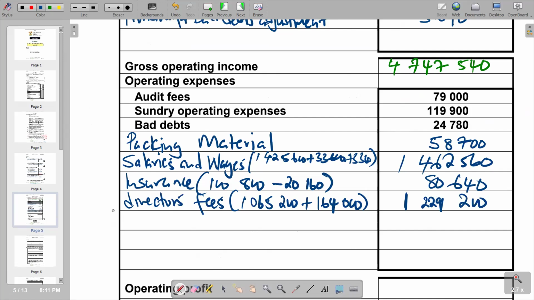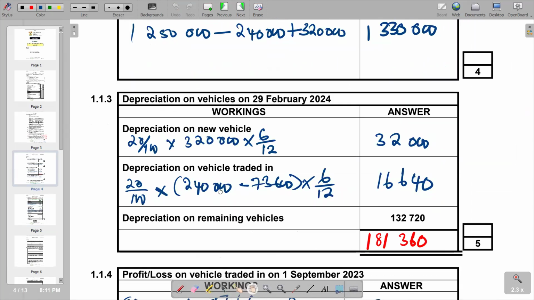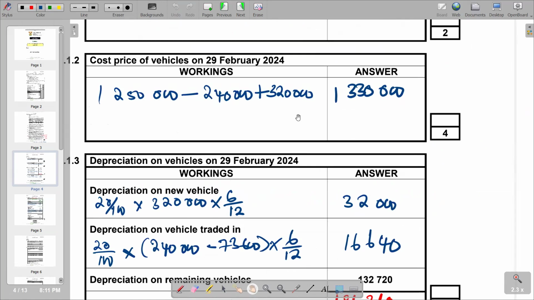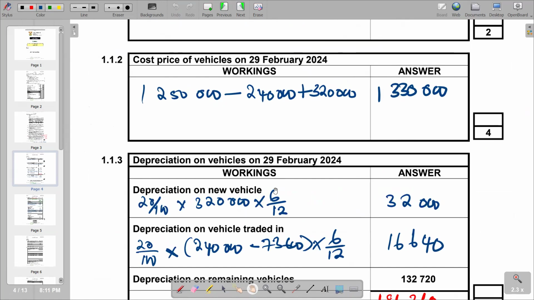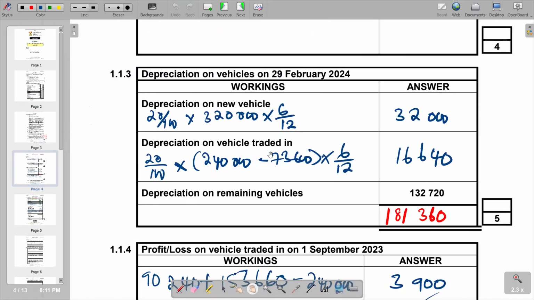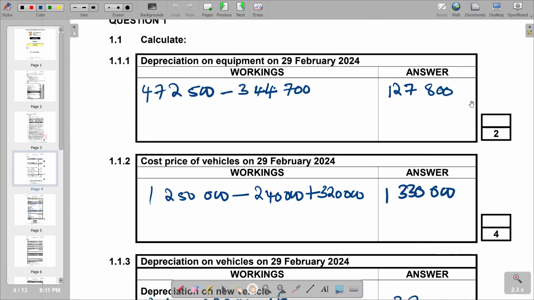Remember, we also have depreciation, which we already calculated, whereby we have depreciation on equipment and on vehicles. We can just check the depreciation on vehicles. We got it as 181,360. And the depreciation on equipment is 127,800.